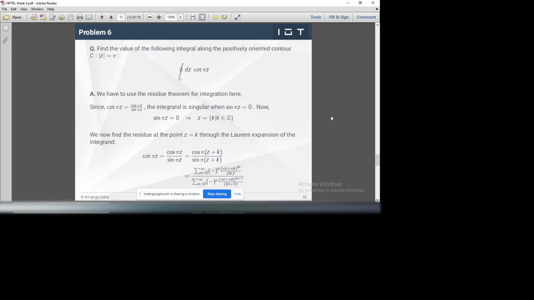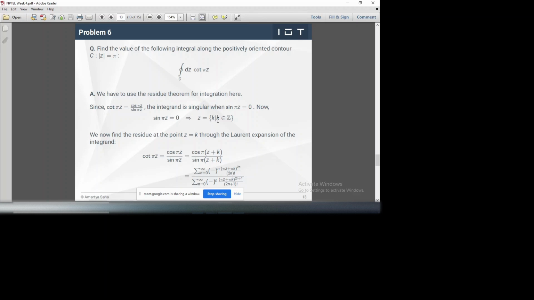The numerator cos πz is an entire function, so no problem with that. The denominator sin πz is also an entire function, but it has some zeros, and clearly the integrand will be singular when the denominator is 0.